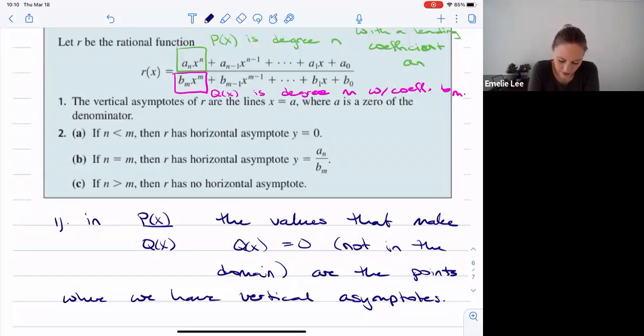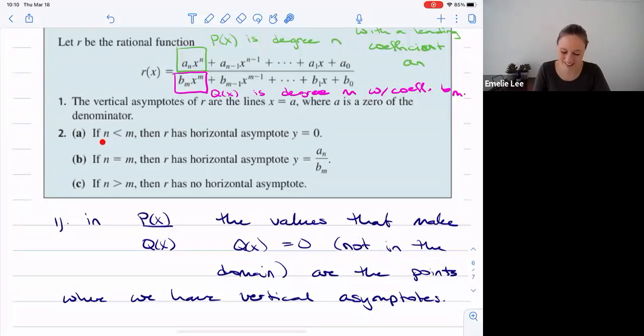Now, in the second point, we're going to be comparing the degree of p to the degree of q.